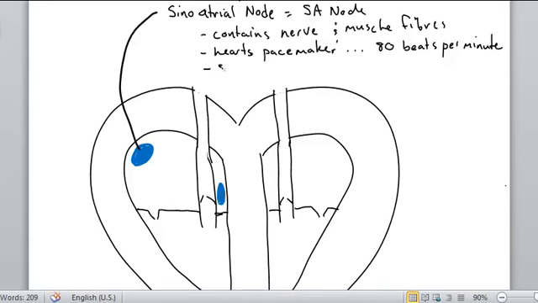And it does this spontaneously. So it spontaneously initiates the heartbeat, and causes the atria directly to contract. Indirectly, it causes the ventricles to contract.